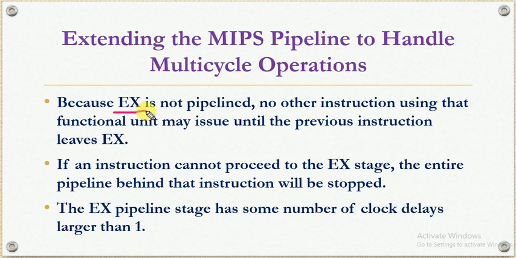If an instruction cannot proceed to the EX stage, the entire pipeline behind it will be stopped, or it will be in the queue. As you know, if it cannot enter, it will be in a waiting state. The EX pipeline stage has a number of clock cycles that is always larger than 1. So normally for the EX pipeline stage, especially for floating point operations, the clock delay will be mostly larger than one clock cycle.